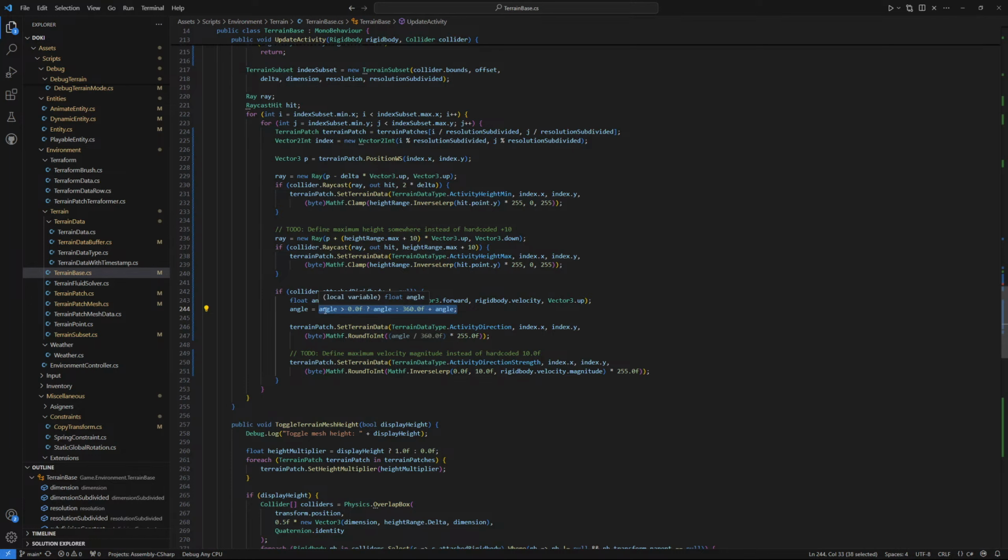If we don't limit it to the XZ plane, we're gonna need more memory to store all this information, I think. Yeah, so for now, I'm gonna have to add some constraints.